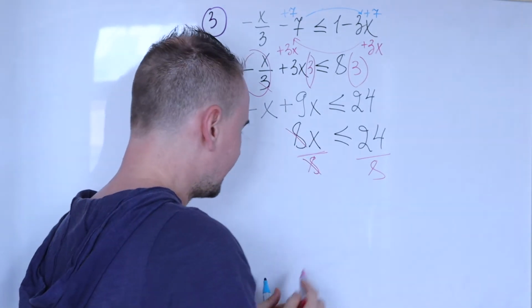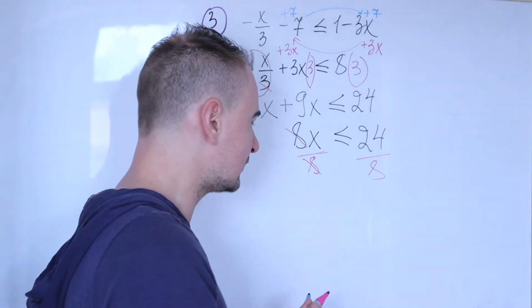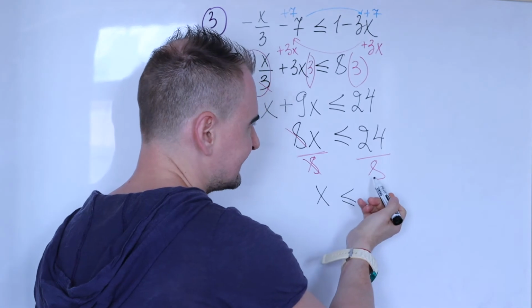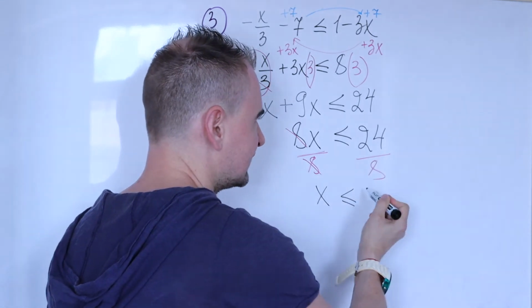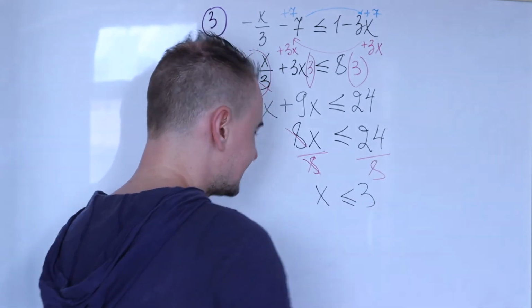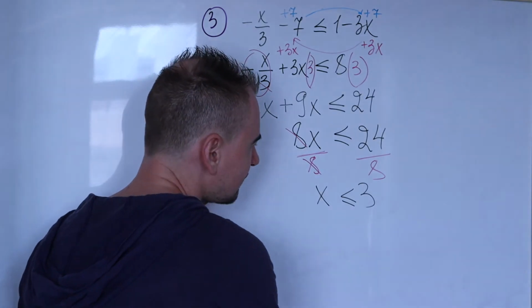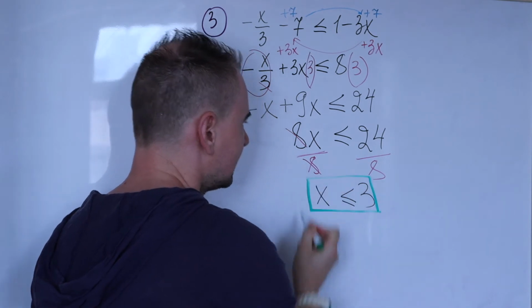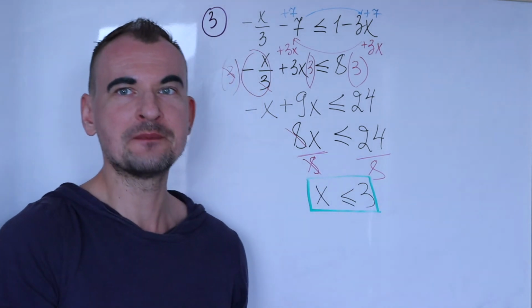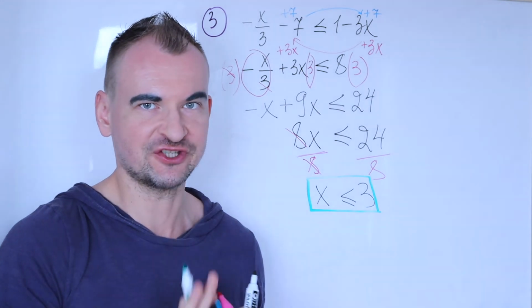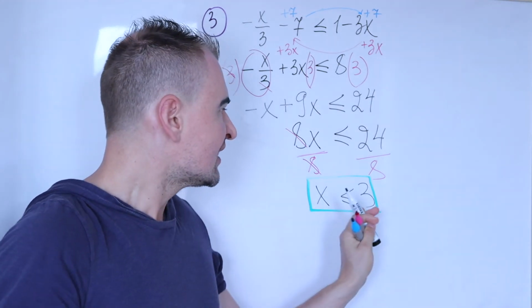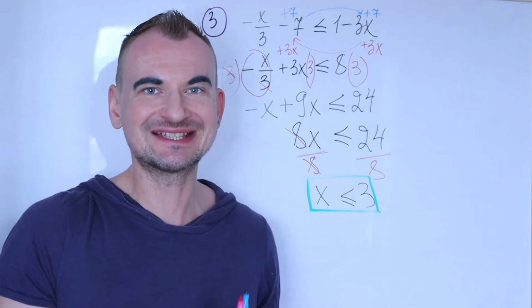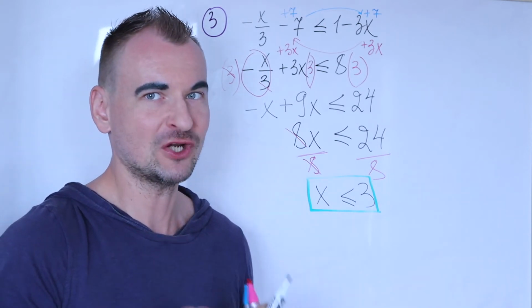The 8 drops out, and you would be left with x less than or equal to, and since 8 fits into 24 3 times, x less than or equal to 3 is going to be your final answer. It's all x's less than or equal to 3. It's infinitely many. It's the solution set for your inequality.